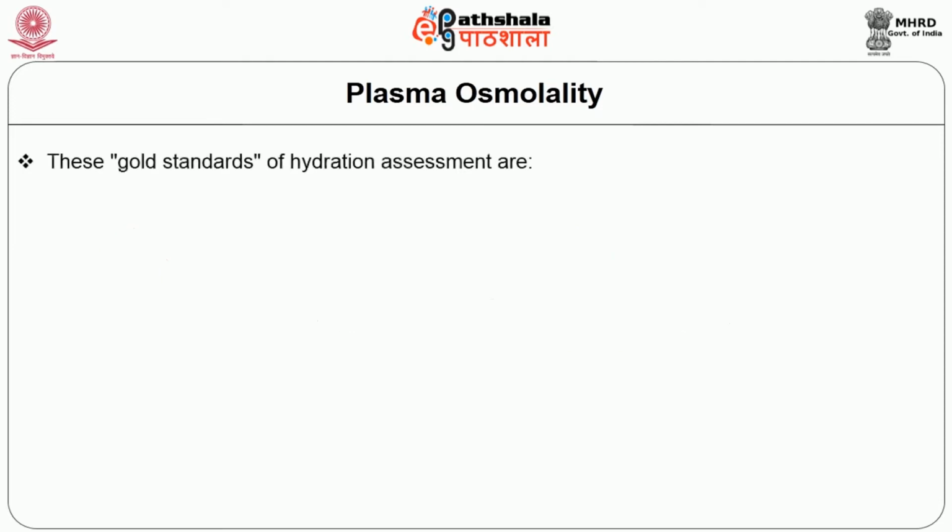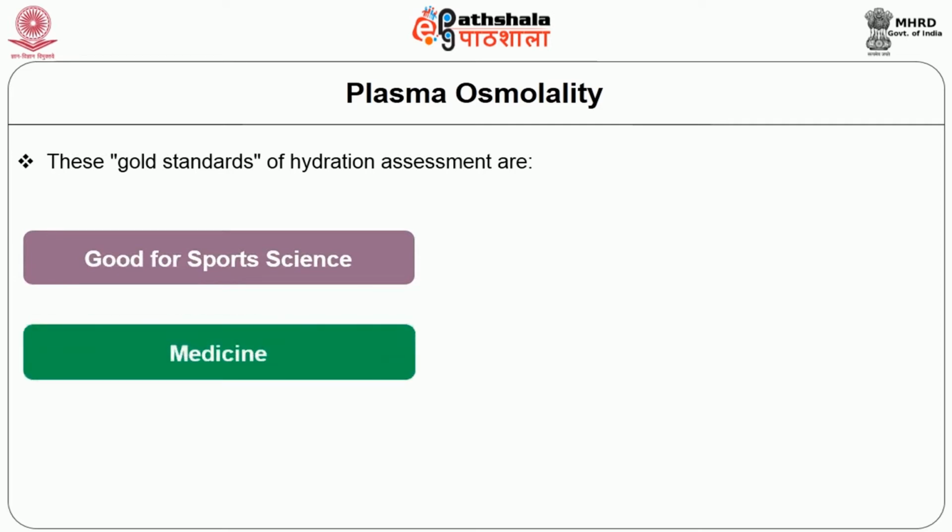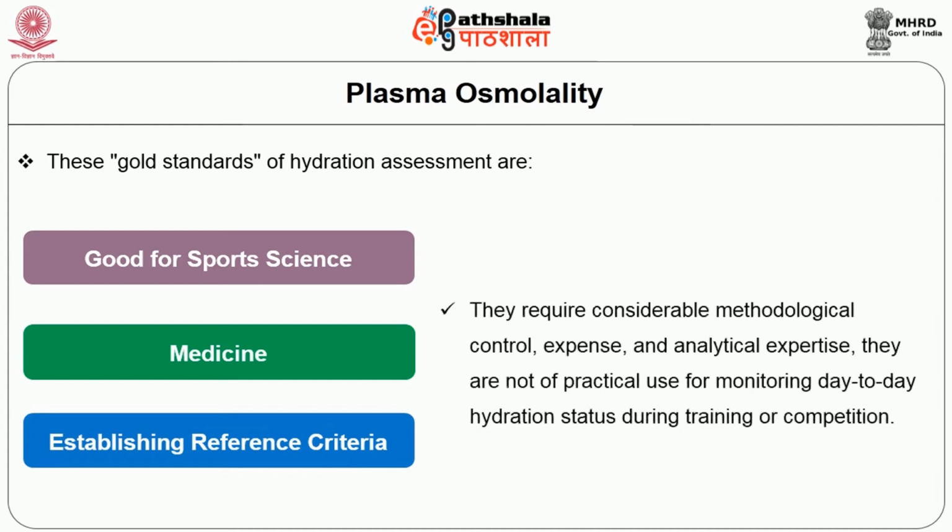These gold standards of hydration assessment are good for sports science, medicine, or for establishing reference criteria, but because they require considerable methodological control, are expensive, and require analytical expertise, they are not of practical use for monitoring day-to-day hydration status during training or competition.